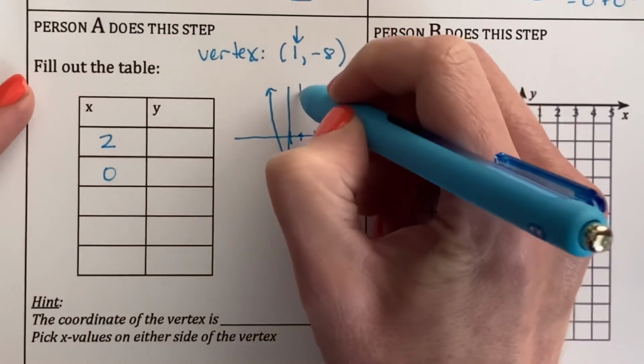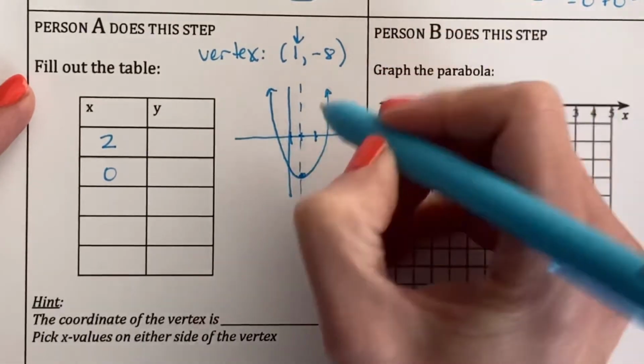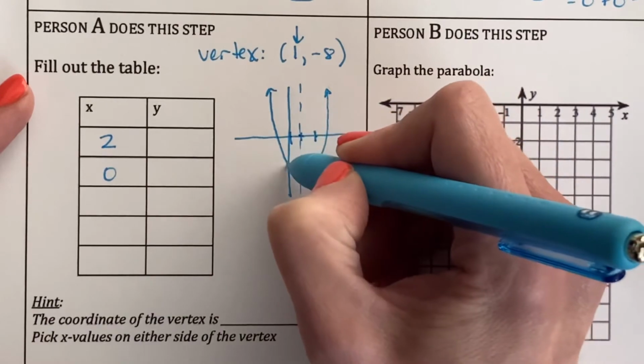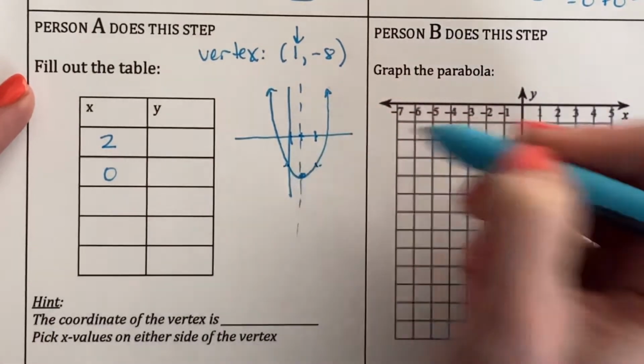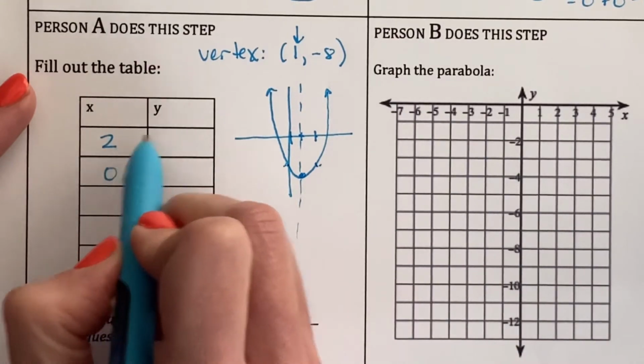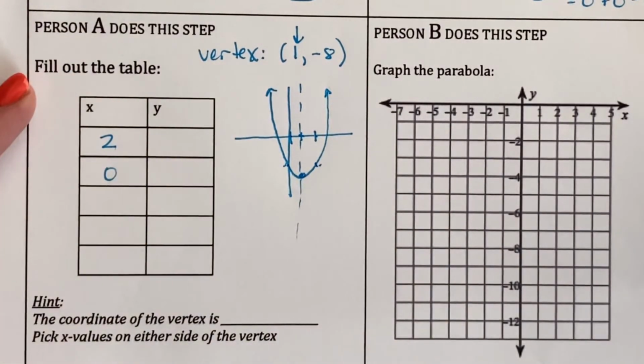They're both 1 away from that axis of symmetry. So therefore, I know that x equals 2 and x equals 0 are both going to have the same y value, which is pretty nice. So if I just figure out one of these values, I've figured out the y value for both of them.